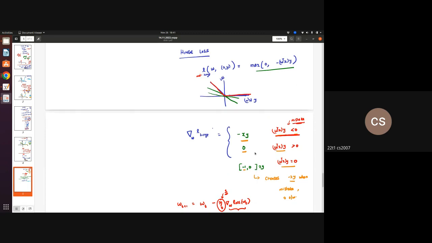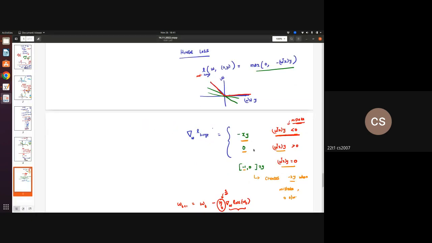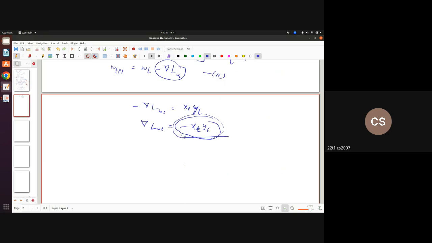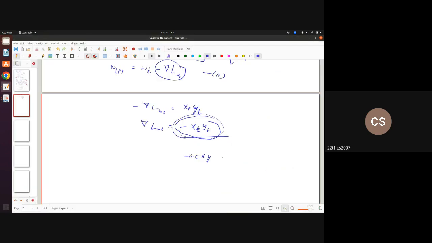Now, getting back to what we derived here, minus xy, we could have chosen any value between minus 1 and 0, let's say minus 0.5 into xy. That could have been a valid choice as well. Now we see that perceptron chooses minus xy as the gradient.